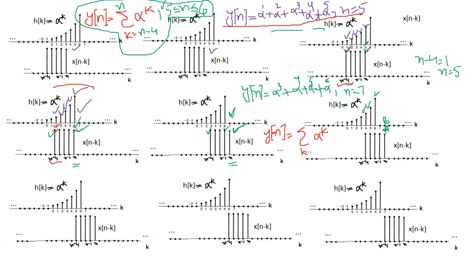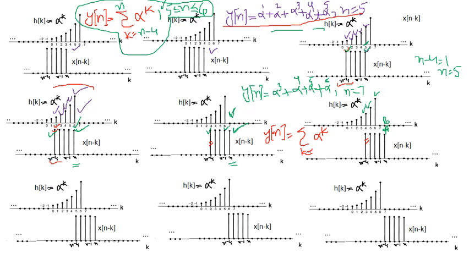Okay, so k running from what will be the value of k? So if we look at here, you see that k equals 3 here. Is it clear? At this point k equals 3. For the next point k equals 4.